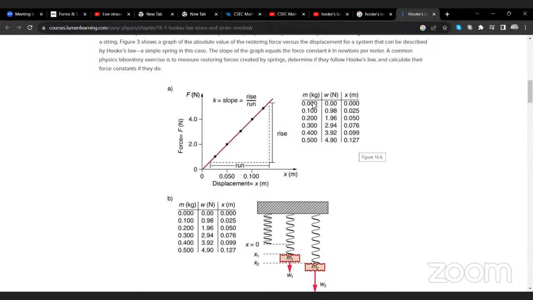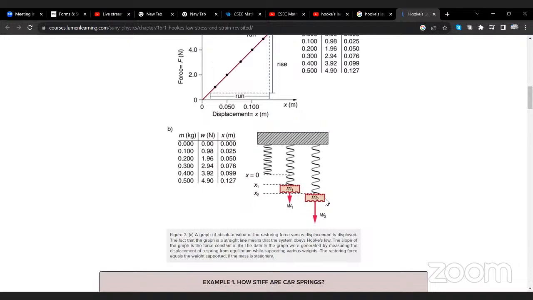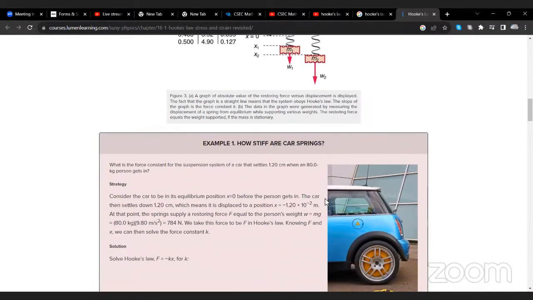The unit of measurement for the mass is kilograms, but they are not creating coordinates with the mass. They are using the force against the extension, in this case, displacement.